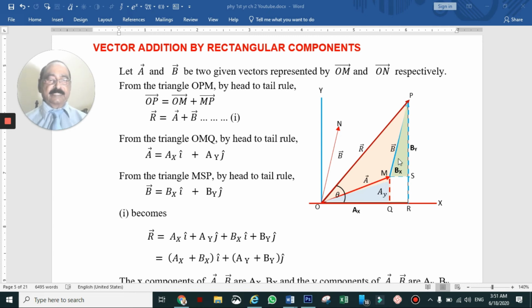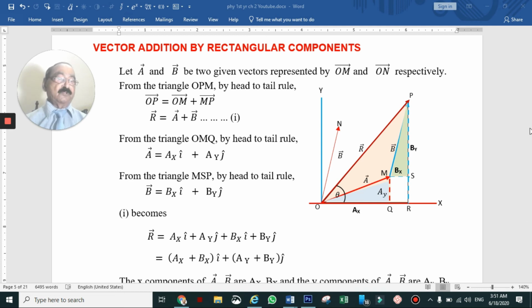Similarly, in this green triangle, we can write down B vector is equal to BX i hat plus BY j hat. It is written over there. Now, putting the values of A and B in 1, we can have R vector is equal to like this. Now we can take i hat and j hat common, and in this way we can have the x component and y component of the resultant R vector.